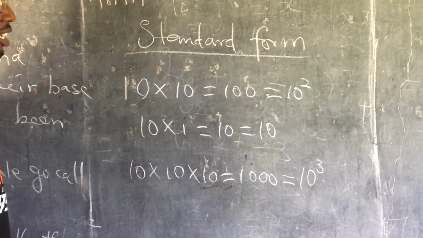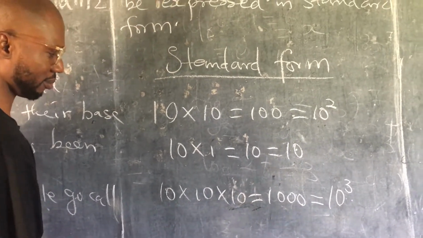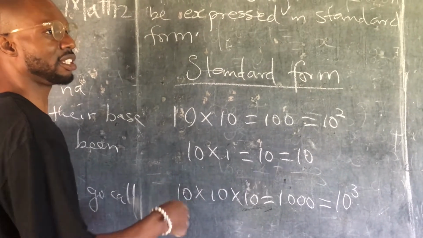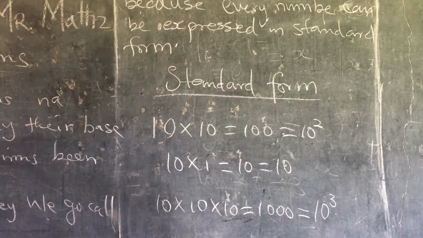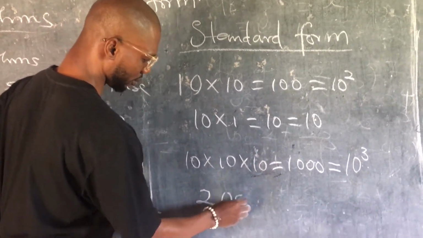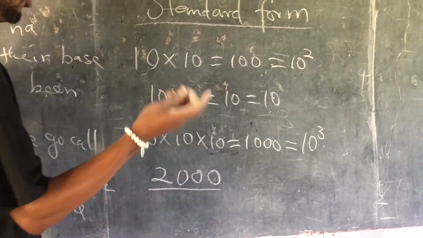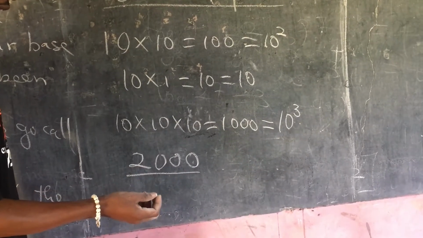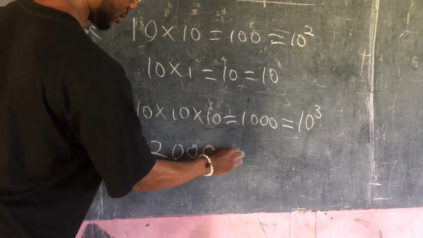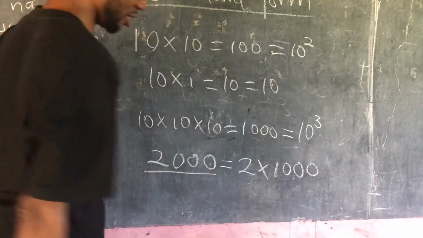Now, given this, we can express any number as a product of two numbers or two terms. One term will be a power of 10, and the other one will be the normal number. Let us check this. If I have 2,000, I can express this 2,000 as a product of two terms. I can say 2 times 1,000.